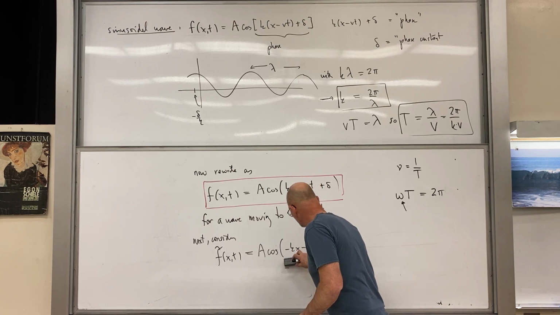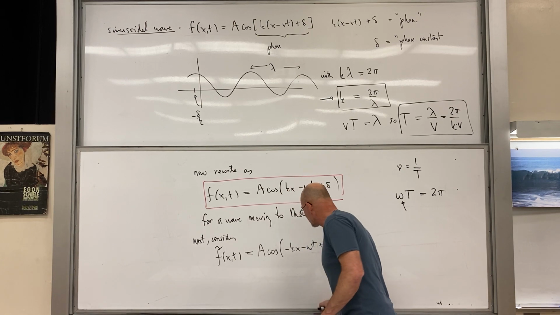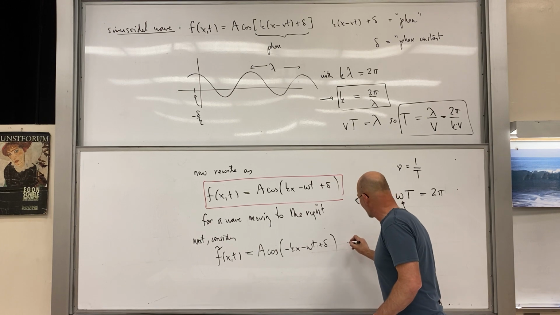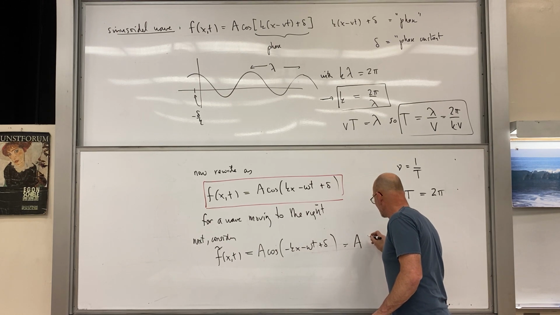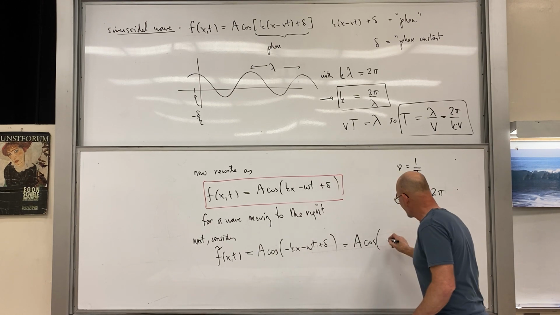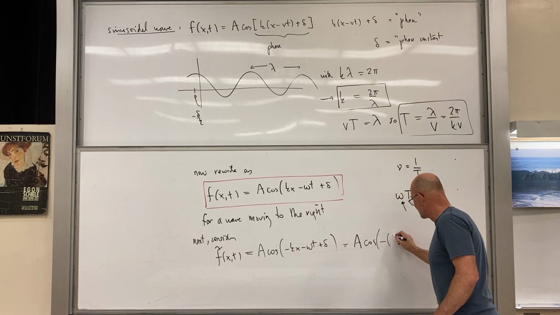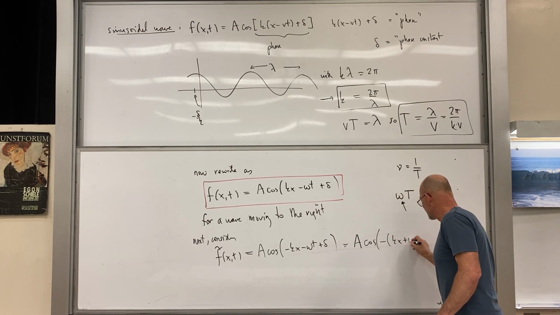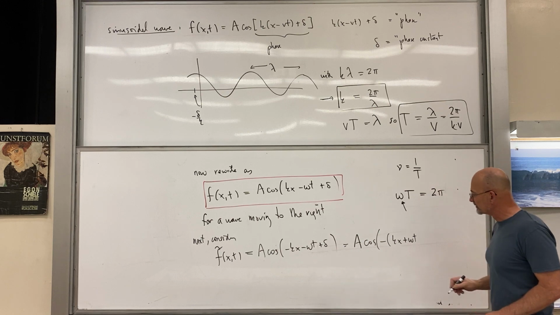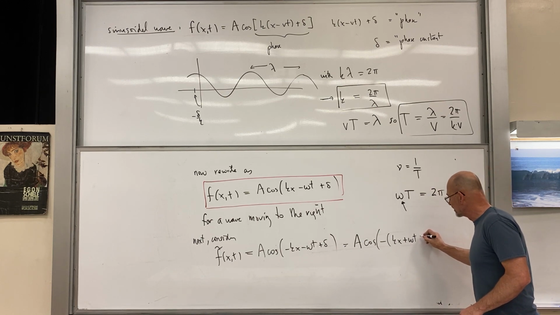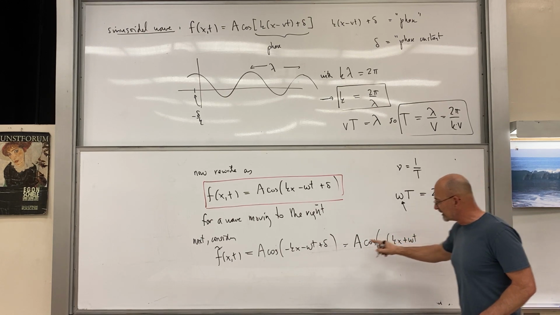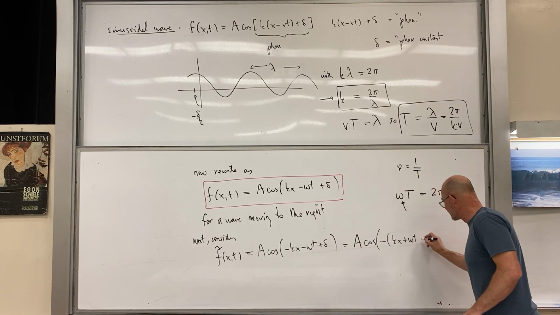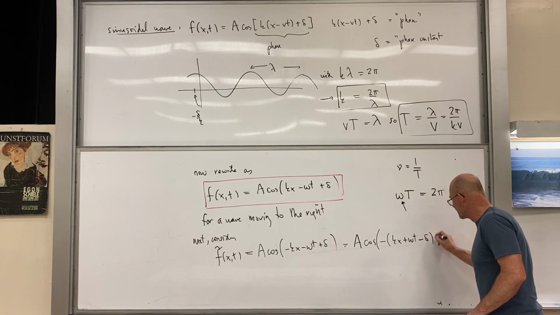I can just continue. I can pull the minus sign out of the whole thing. Okay, so A cosine of minus (kx plus omega t), and it doesn't have a minus sign, so minus delta.